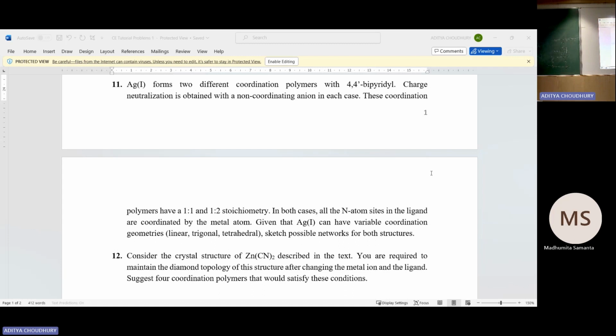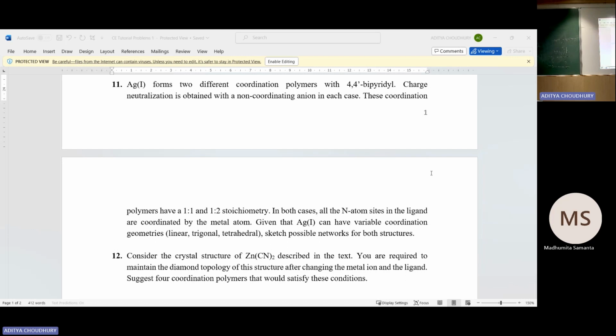It could also be extended further. Here also it's 1.5, that's also 1.5, because three times half is 1.5. Only tetrahedral can be 1:2.